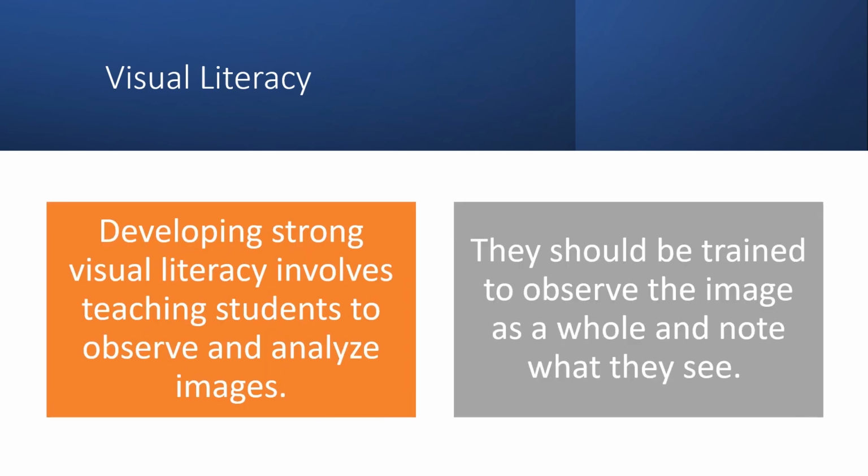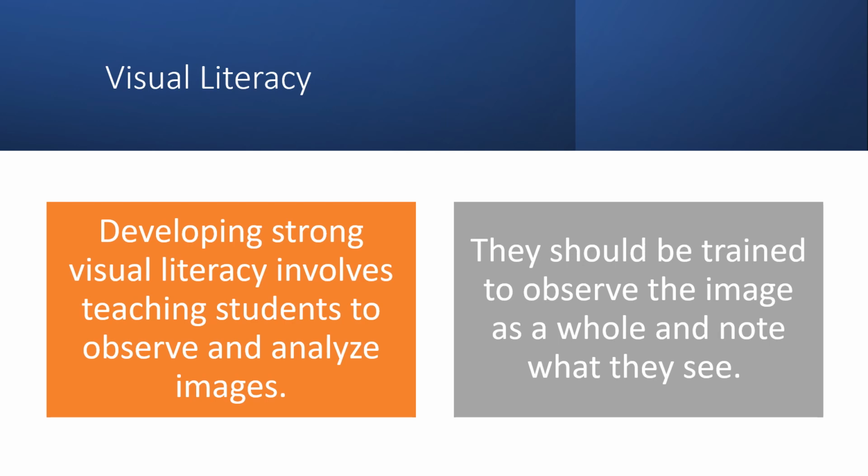Developing strong visual literacy involves teaching students to observe and analyze images. So we want them to become very keen at noticing the fine details of images, but then we also want to combine that with some analytical skills, where we're teaching them to break the image down into some of its component parts to understand how it's working as a whole.